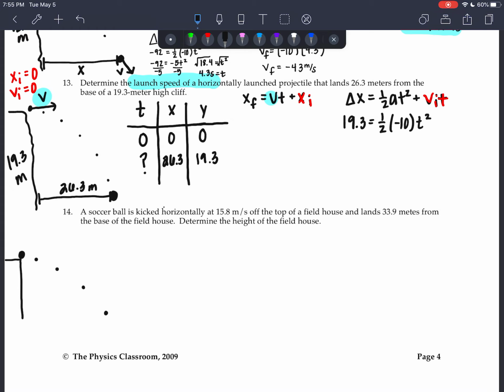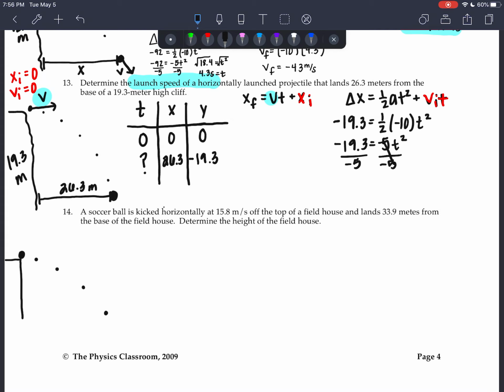So when I do this, I should say negative 19.3 is my position because it went down 19.3. When I do this, I need to simplify. So I'm going to have negative 19.3 equals negative 5t squared. I'm going to divide both sides by negative 5.